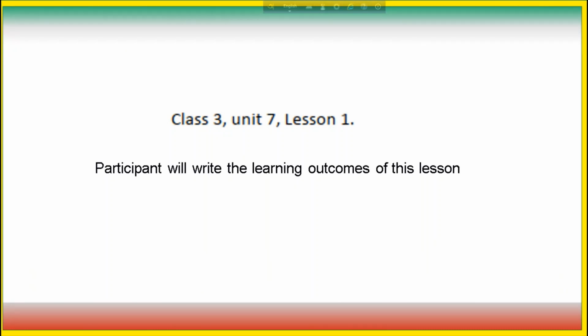Now, dear honorable participants, you will open the book, class 3 unit 7 lesson 1, and in this session it may be group work. Participants will write the learning outcomes of this session and they will discuss their lesson plan in a plenary session, and if any feedback we have to provide, we will give it together.